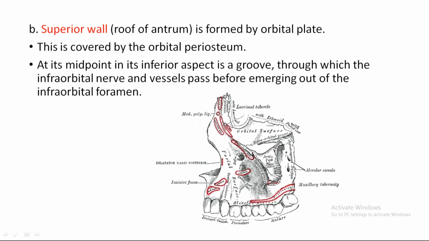This is the orbital surface of the maxilla, and this is the infraorbital groove. This is the infratemporal fossa, which is related to the infratemporal space. Here the orbital surface gets attached to the ethmoid bone, and here to the palatine bone. Different muscles of facial expression are also shown here.